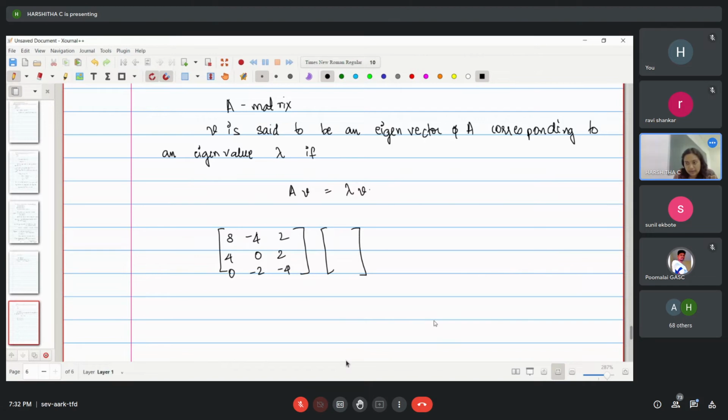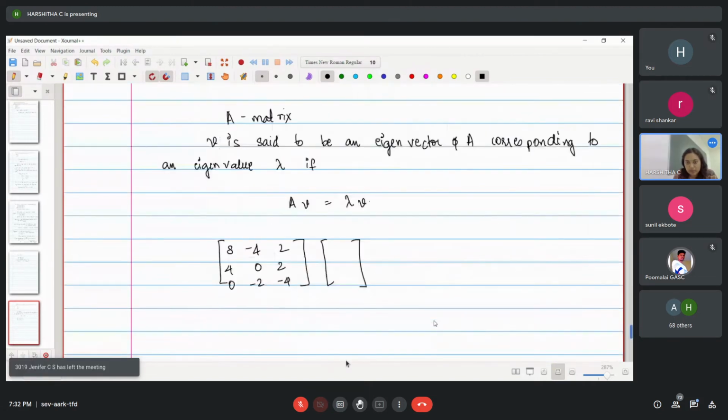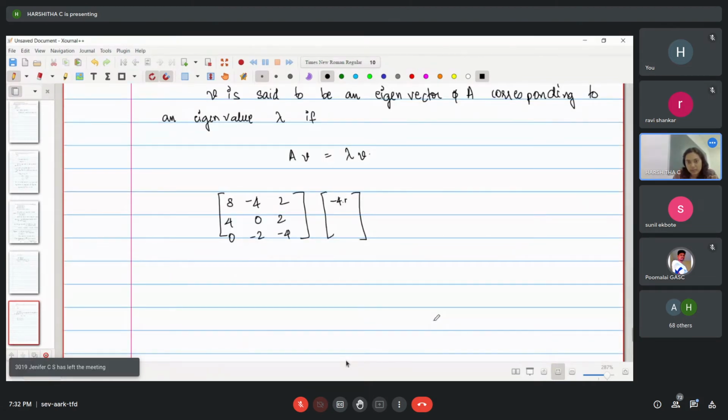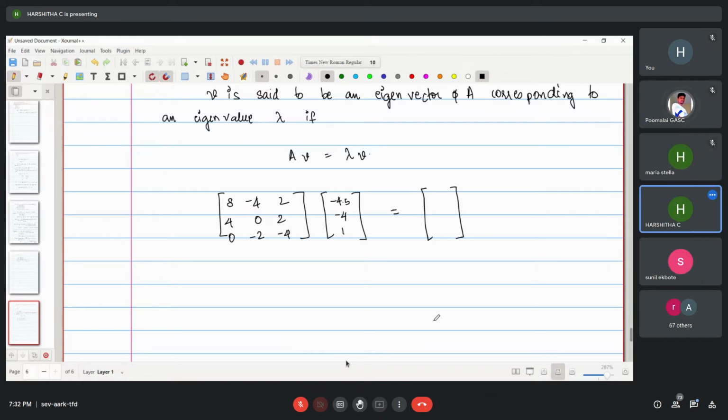Let's compute that. Has anybody computed it? You can take a minute or two.